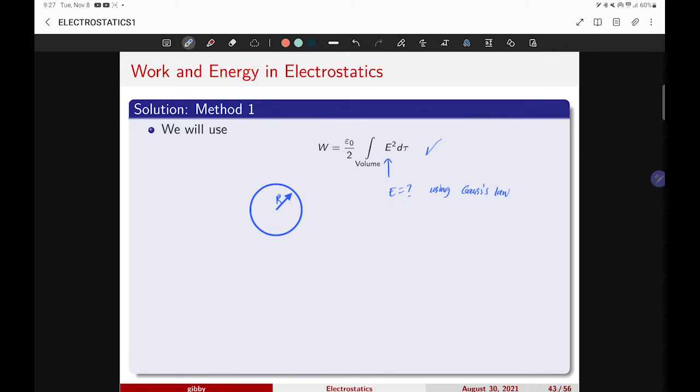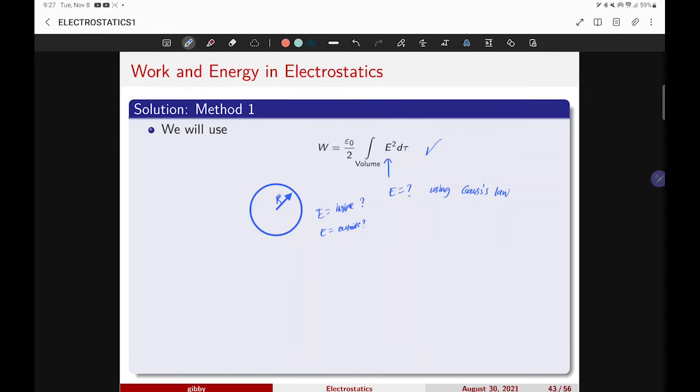We can get the electric field both inside and outside. What is the electric field inside, and what is the electric field outside?